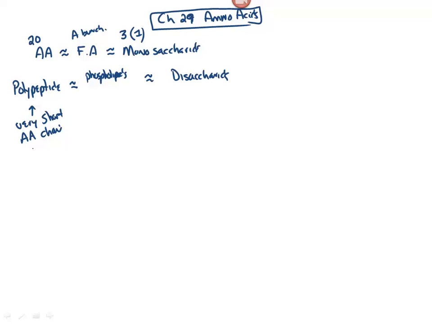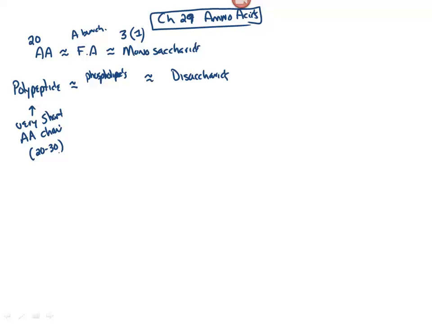I don't remember the number off the top of my head, nor do I really care what it is. Mostly the fact that it's a small number. We're talking 20 to 30 amino acids long at most.